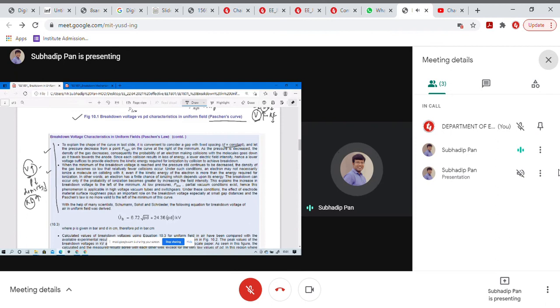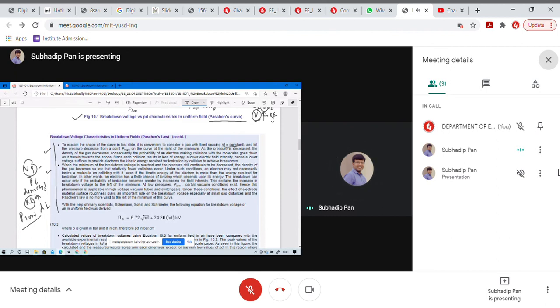In case of low pressure, that means if we consider p low, the particular vacuum condition will exist. For those cases, the material surface roughness plays an important role for the breakdown voltage, especially for a small gap distance. Whenever the distance is very low, the breakdown takes place.